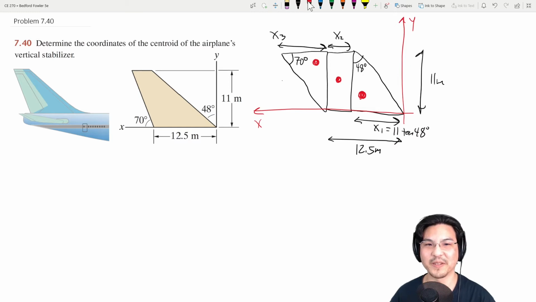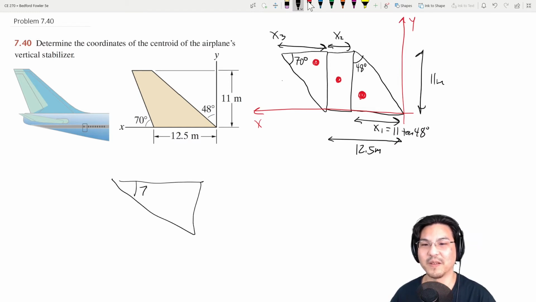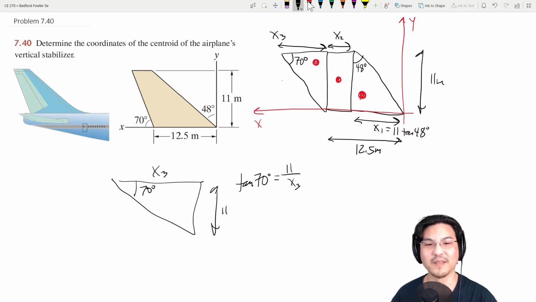How about the other triangle? This one. So we got this angle here, and then we're looking for x3. We already know this is 11. So tangent 70 is opposite over adjacent. So that means x3 is 11 over tangent 70.